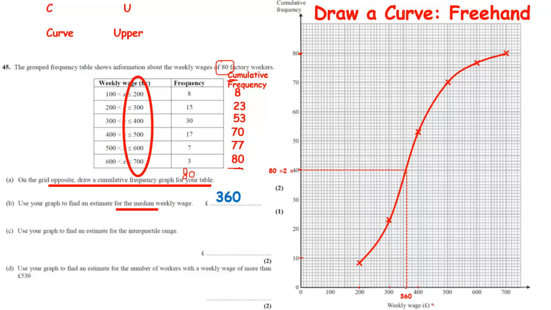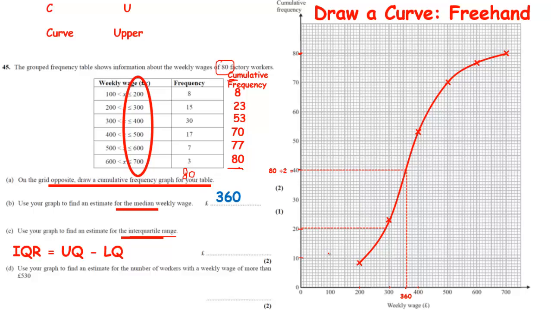Take your time, make sure you fully understand how to work out the median from a cumulative frequency graph. Part C, use your graph to estimate the interquartile range. Once you see the word interquartile range, you should think upper quartile take away lower quartile. Always write this down. To find the lower quartile, take half the value I used for the median: half of 40 is 20.